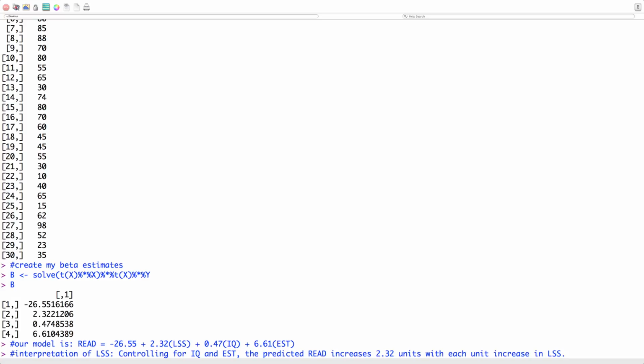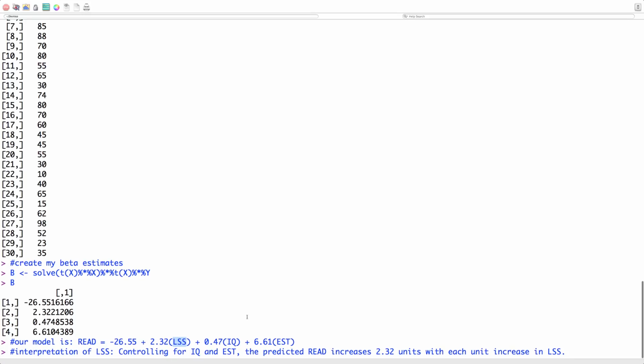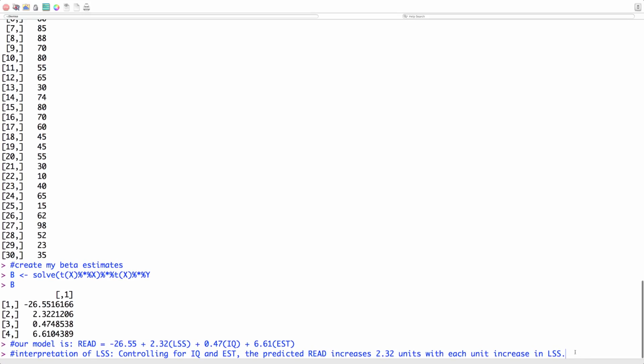All right, gang, arithmetically in terms of the prediction, we could hold IQ constant. Say a kid has IQ 105, and we take all kids of IQ 105 whose estimated reading level is, whatever it may be, 6. Well, we can let LSS vary, and we could see that the predicted read would vary 2.32 units.